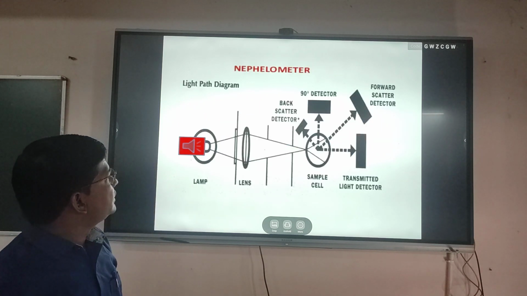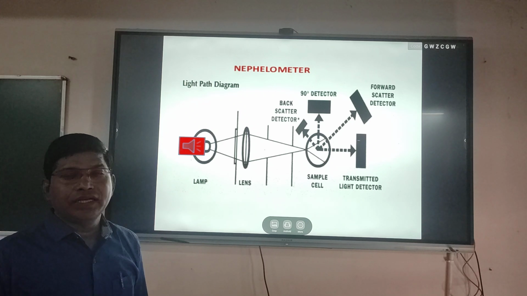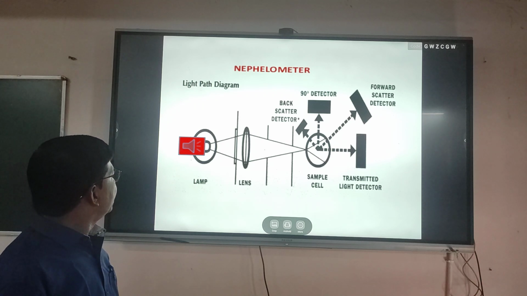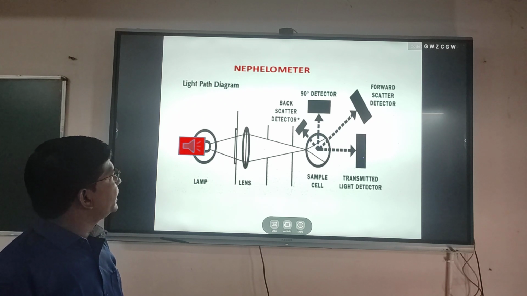And this is the instrumentation or block diagram of a nephelometer. We have a visible source, lens, a sample cell, and a detector.